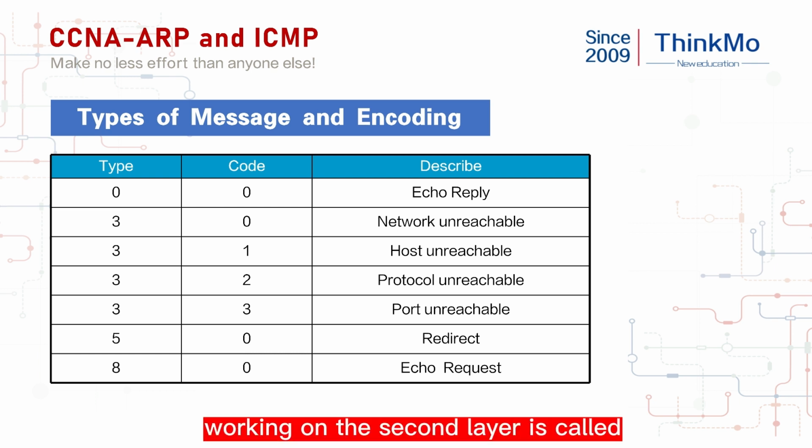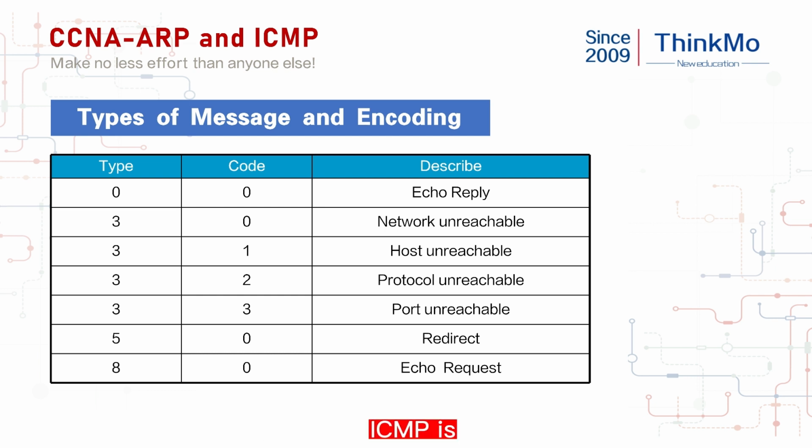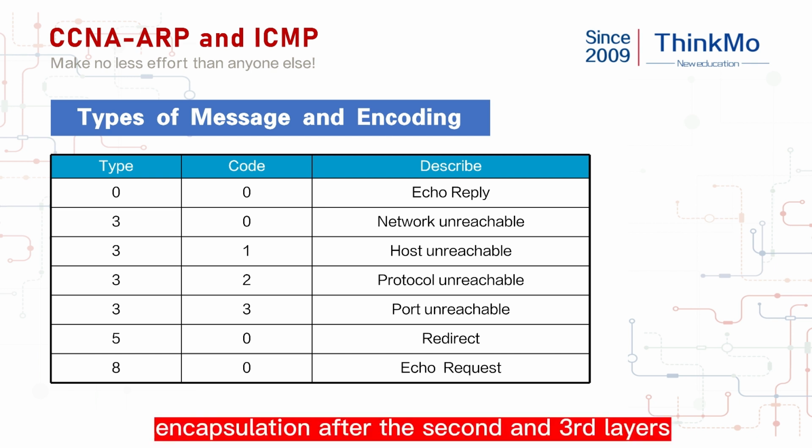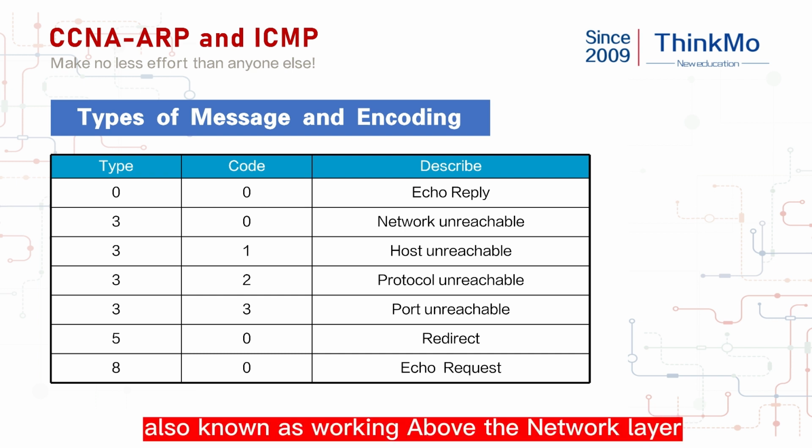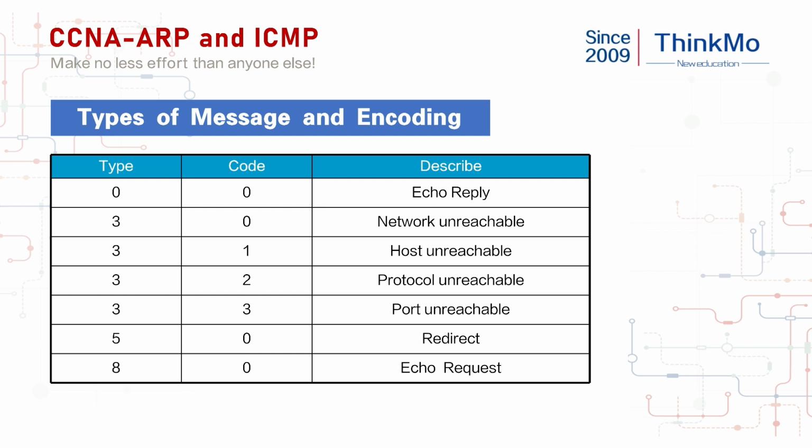Working on the second layer is called encapsulation based on the second layer, so this is a layer 2.5 protocol. ICMP is encapsulated after the second and third layers. We call it encapsulation based on the network layer, also known as working above the network layer. It is a layer 3.5 protocol.